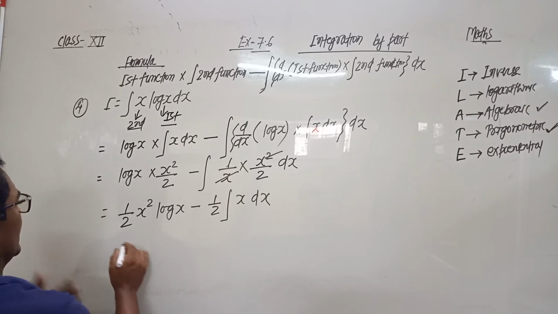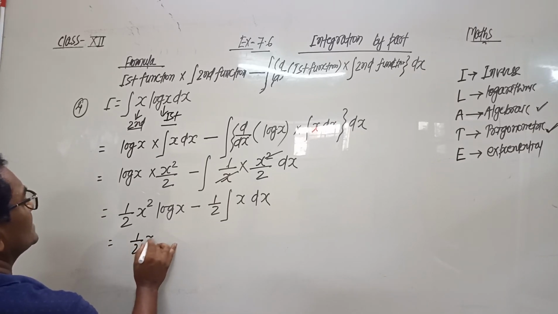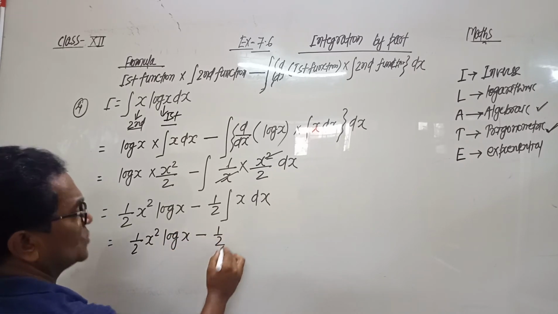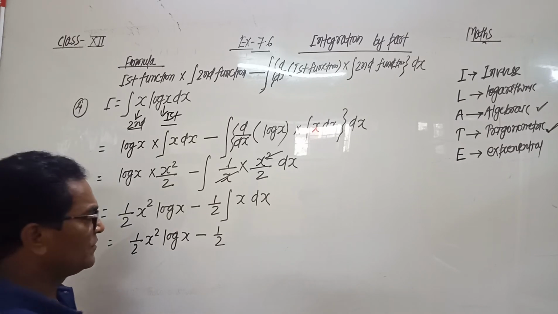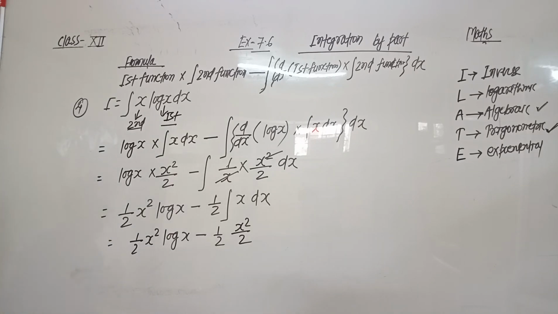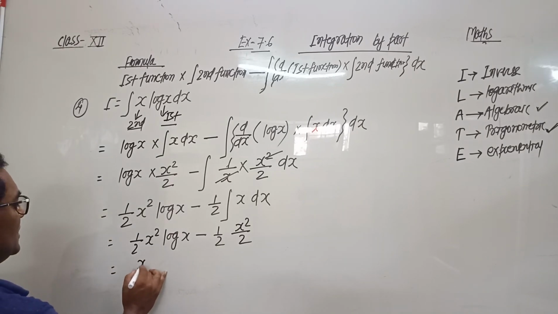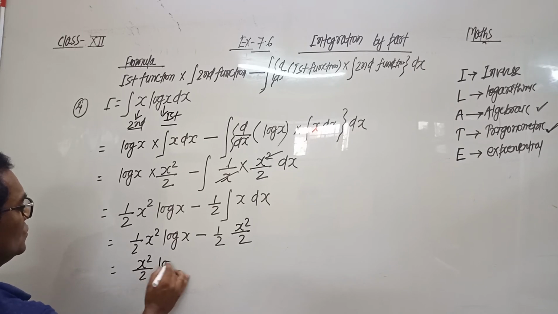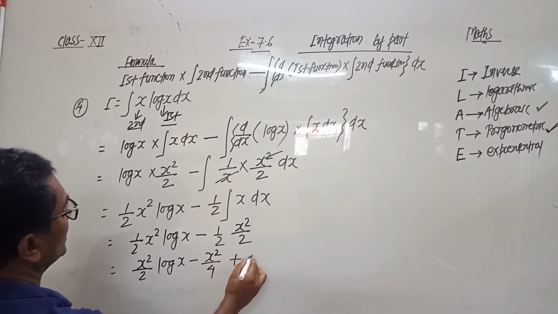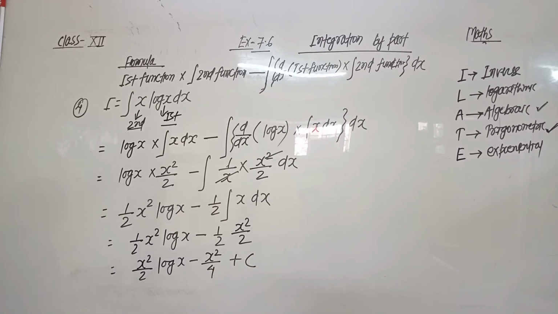So this would become 1 by 2 x square log x and minus 1 by 2 integration of x dx is x square by 2. Then we get the final result: x square by 2 log x minus x square by 4 plus c.